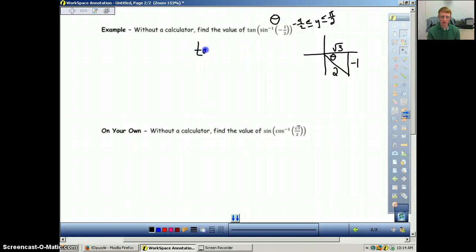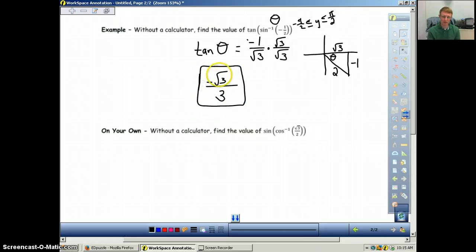Now I just need to figure out what the tangent of theta is. Well, the tangent of theta is going to be negative 1 opposite over adjacent, and then we rationalize our denominator by multiplying by square root of 3 over square root of 3. So this whole value is going to just be negative square root of 3 over 3.